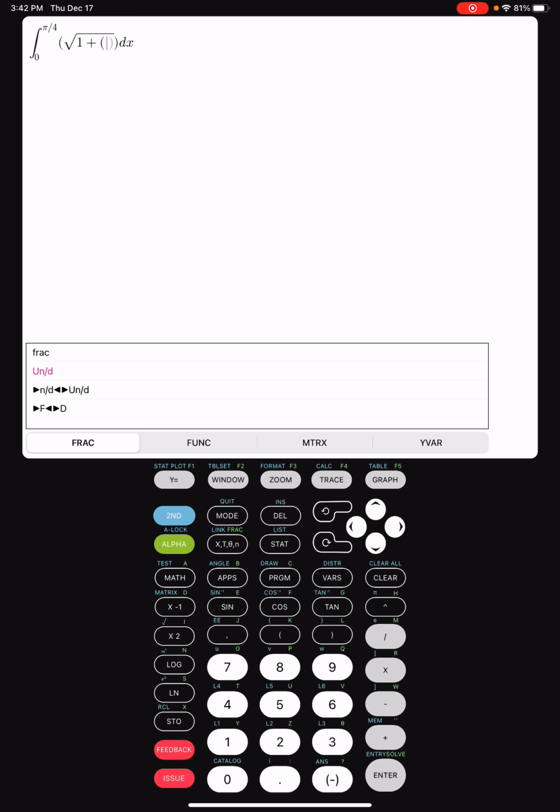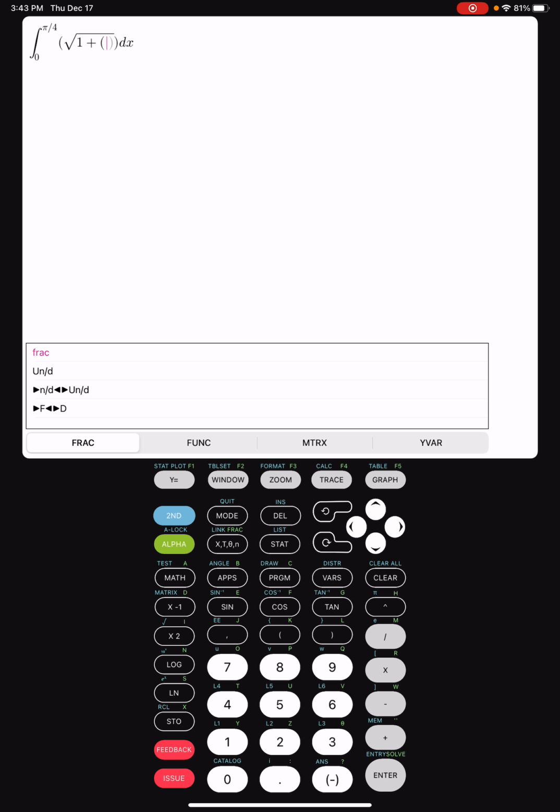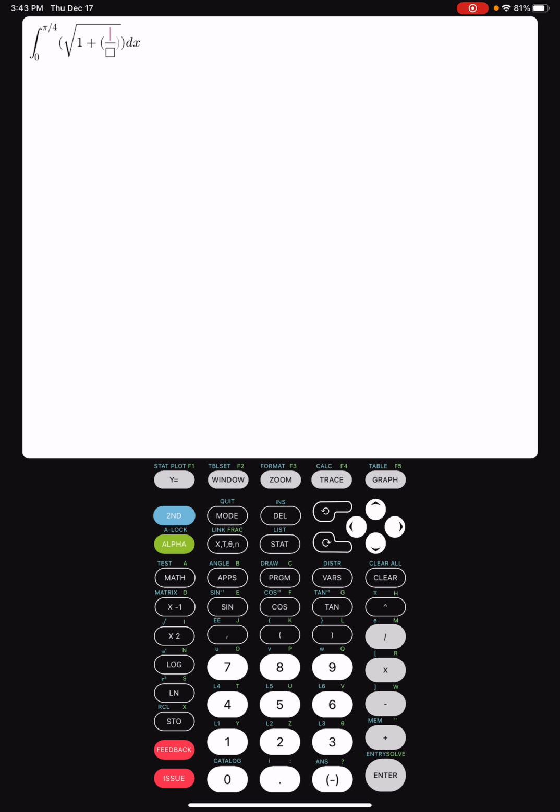Why is this not writing anymore? Oh, because I forgot to enter that. Cosine of x on the top. Okay, hold on. Delete, delete, delete. Okay, 1 plus, give me a fraction. There we go.